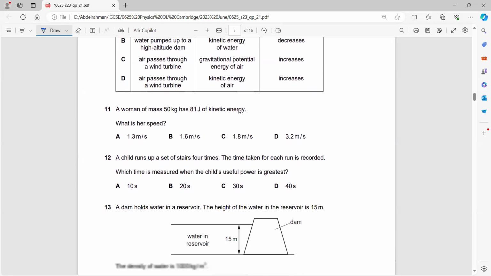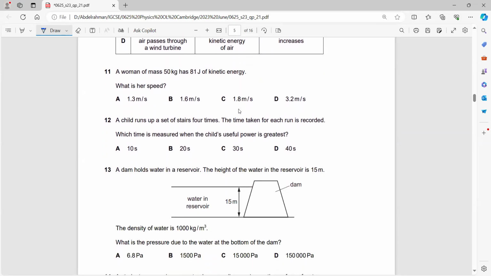A woman of mass 50 kilograms has 81 joules of kinetic energy. What is her speed? How can I find the speed using the equation? Kinetic energy equals half mv squared. Kinetic energy is equal to 81, half times 50 times v squared.